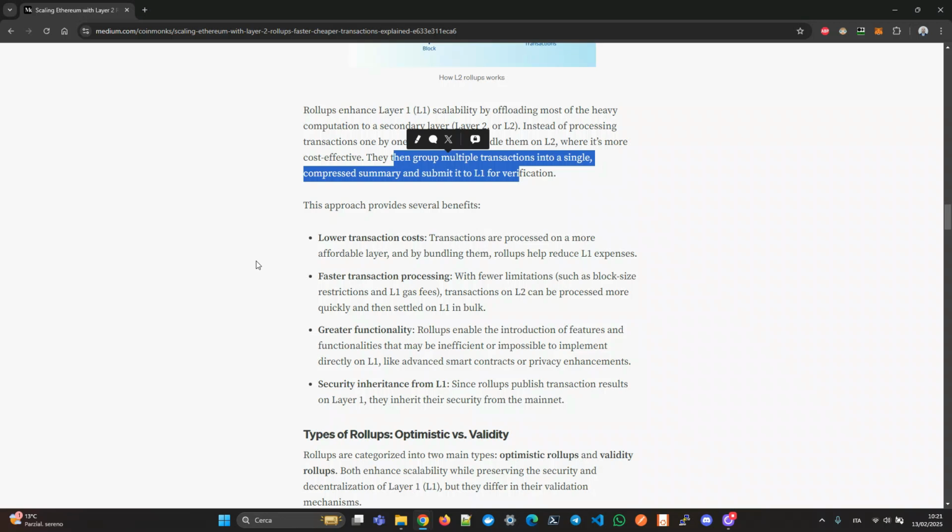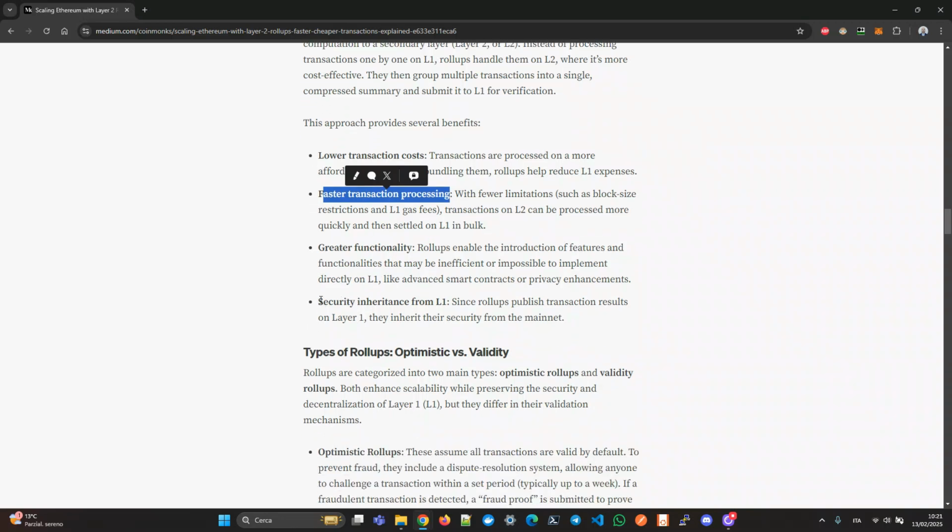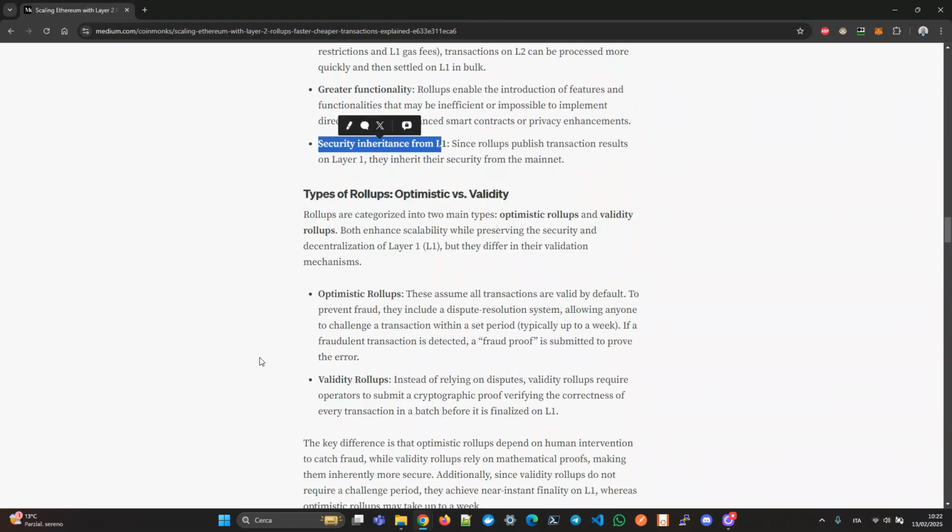This, of course, brings several benefits like lower transaction costs, faster transaction processing, greater functionality, and also, of course, we inherit the security from layer 1, because since the rollup publishes the transactions on layer 1, we are still making use of the layer 1 mainnet security.